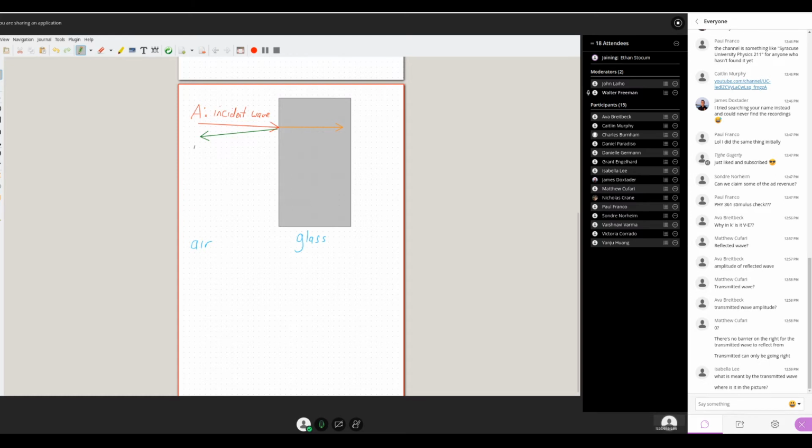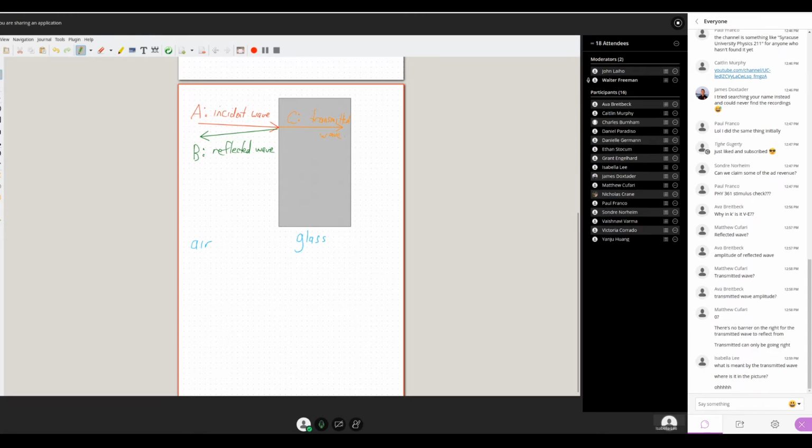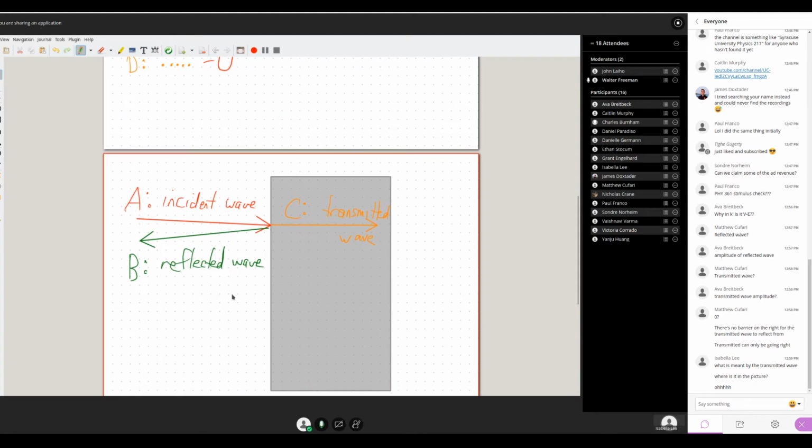B here is the reflected wave, and C is the transmitted wave. I've drawn these as arrows rather than wiggling things, but you can think of this as some sine wave with some large amplitude coming in.